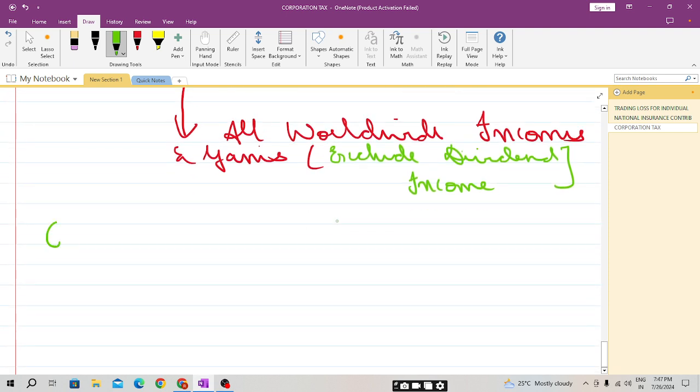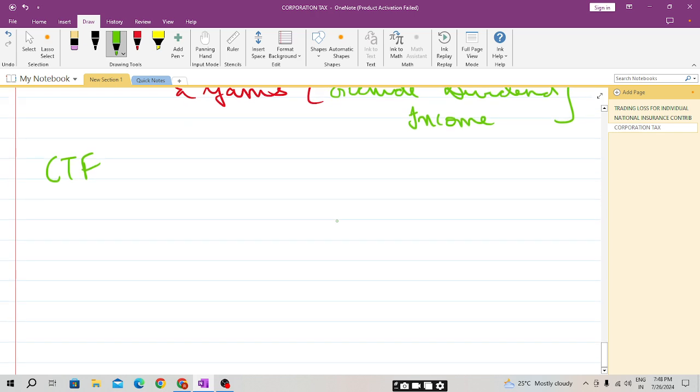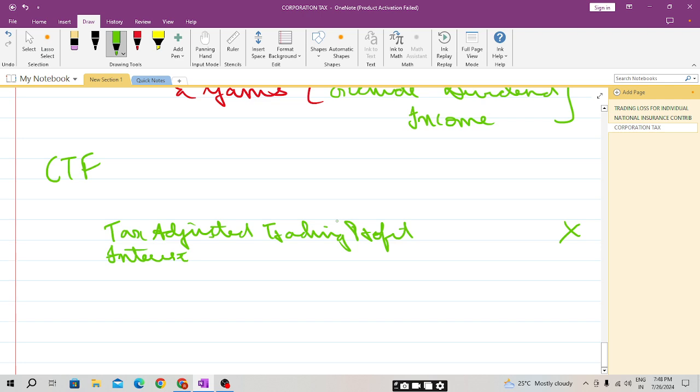Now the corporation tax format. So all these sources of income are, students, the tax adjusted trading profit. Then the second type of income is the interest income, or we can also call it non-trade loan relationships.